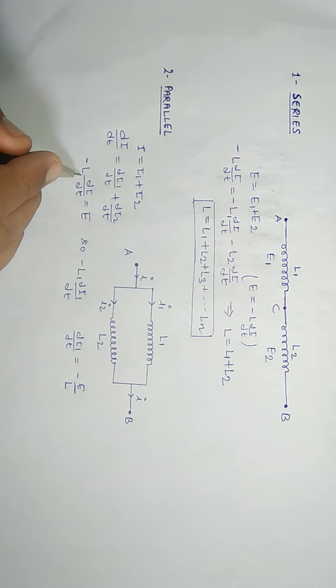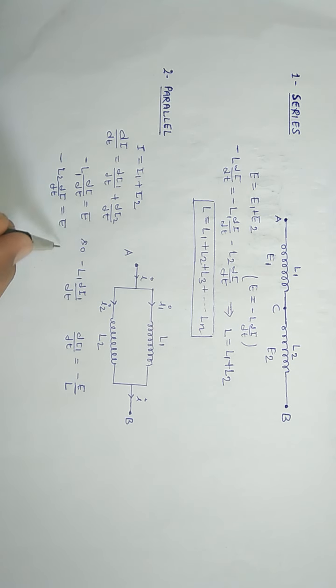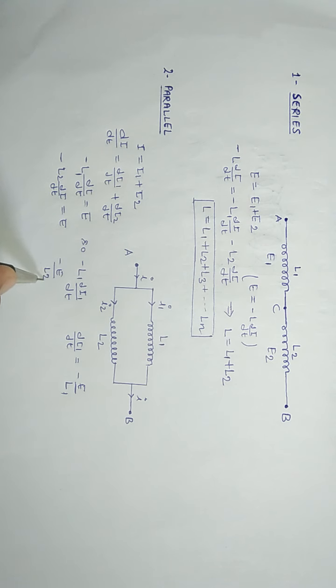Similarly, minus L2 di2 upon dt is equal to E, or minus E upon L2 is equal to di2 upon dt.